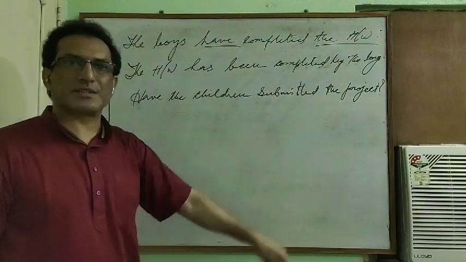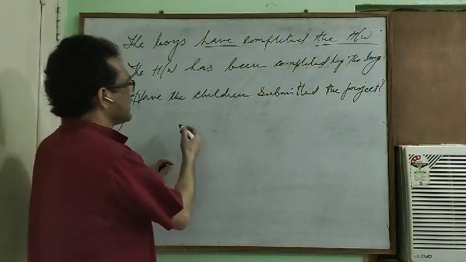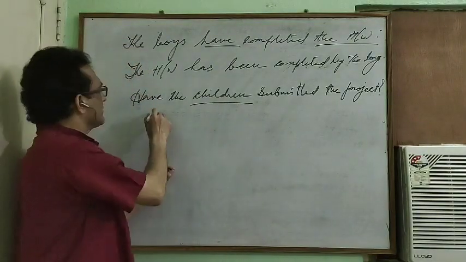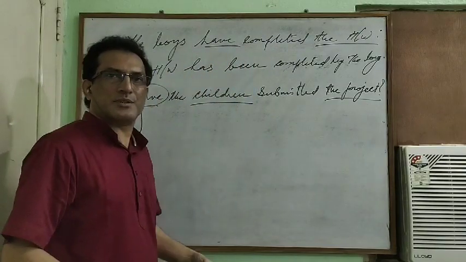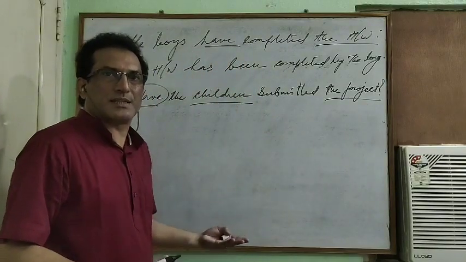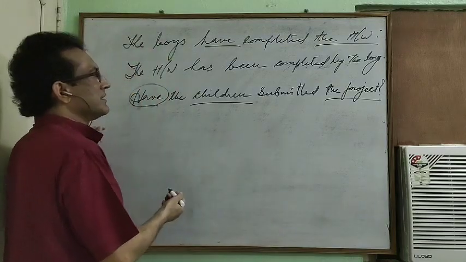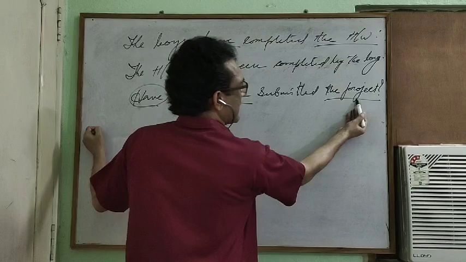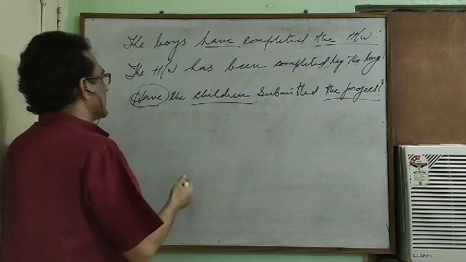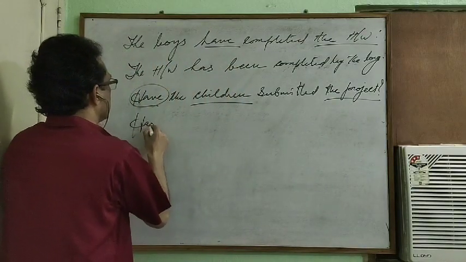Have the children submitted the project? Here, as we know, children is plural, therefore have, whereas project is singular, so the auxiliary verb here is has. That should agree with the subject in number and person. This is singular number, third person singular, therefore has.